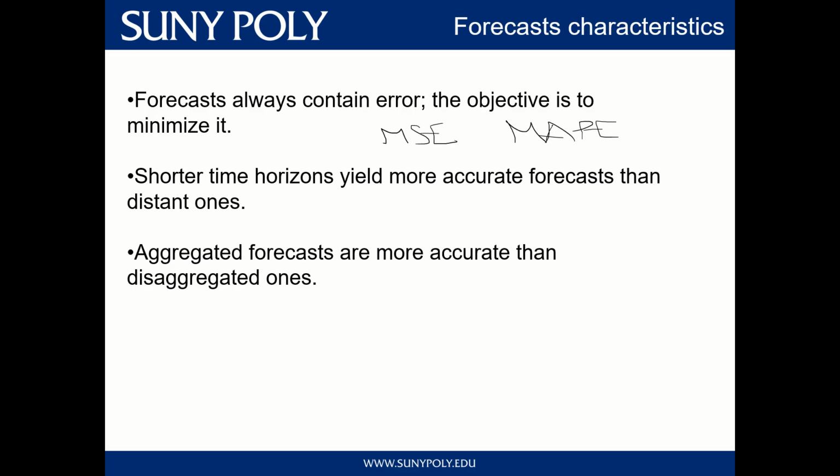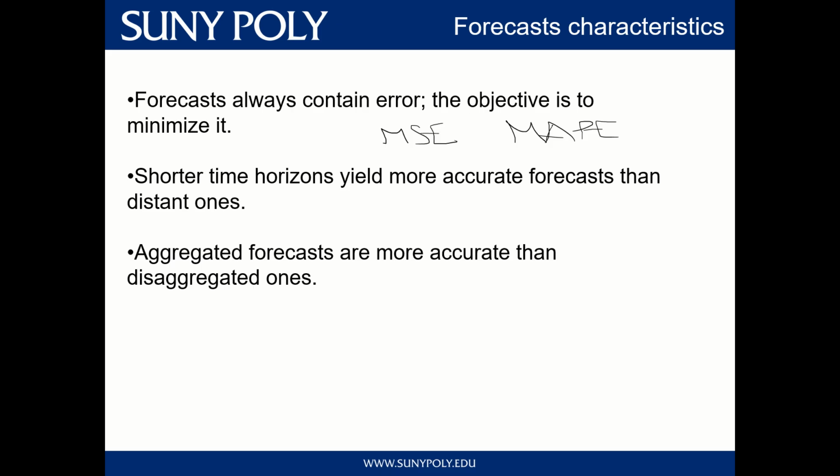It's the mean absolute percentage error. So it's just your error measured as a percentage. If it's 5%, it means that your prediction is 5% off the real value. Okay, so the first characteristic: your forecasts are always wrong. There will always be an error.